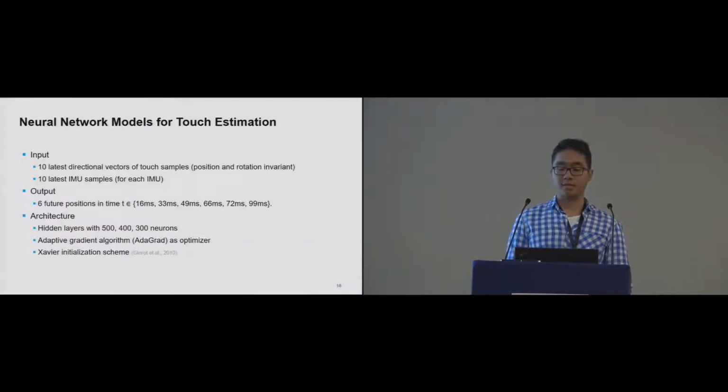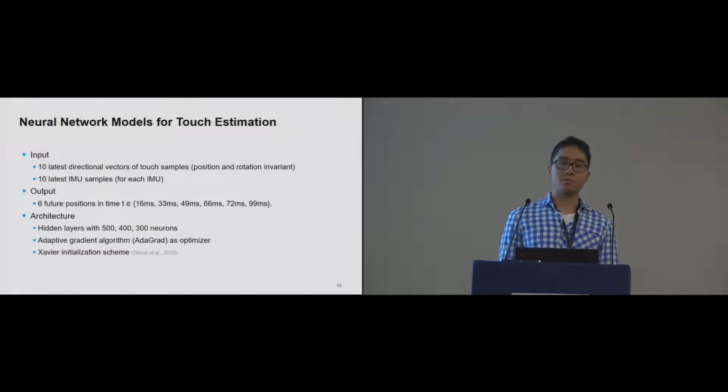So using the collected dataset, we trained neural networks to predict the future finger position based on the previous hand movements and touch positions. We actually trained multiple neural networks with different IMU combinations to find the one model with the lowest prediction error. As input, we used the 10 latest directional vectors of the touch samples, which we also made position and rotation invariant.